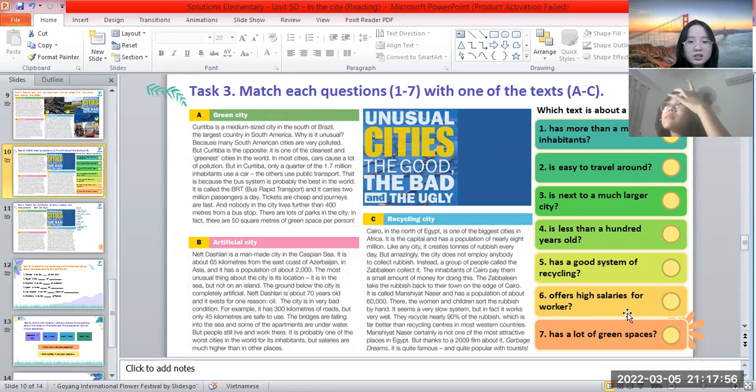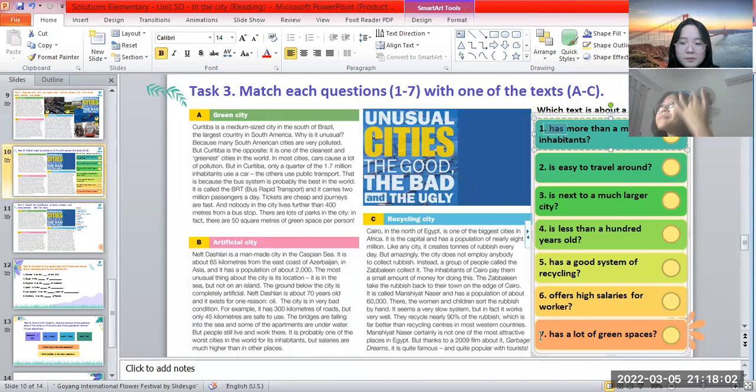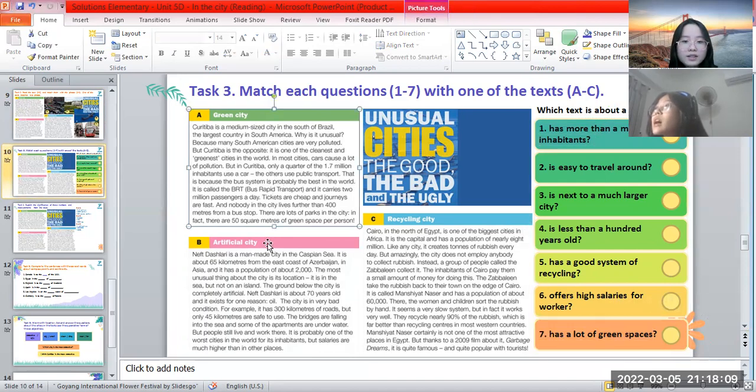In this part, you're going to match each question from 1 to 7 with one of the texts. So we have 3 texts here, and then we also have 3 texts here.